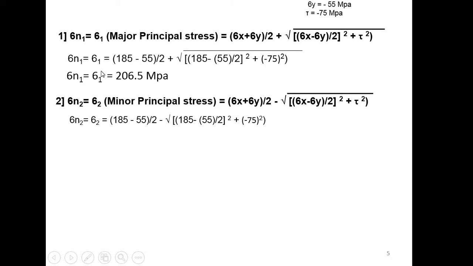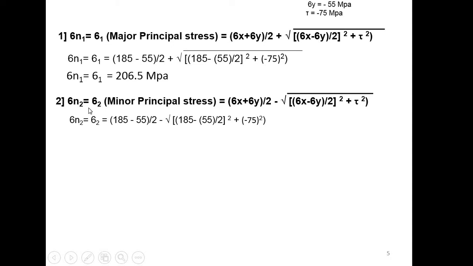Just put the values of sigma x, sigma y in this equation, and we'll get the value of major principal stress. It is denoted by sigma n1 and sigma 1. In this way we will get the answer: sigma 1 equal to 206.5 MPa.